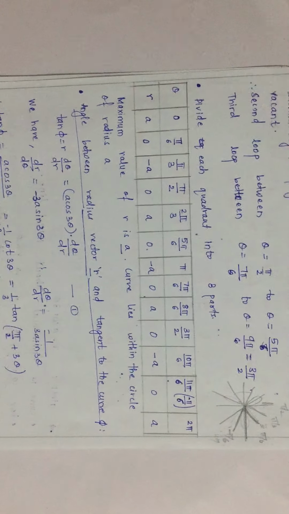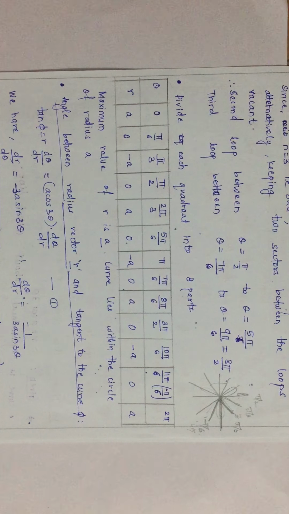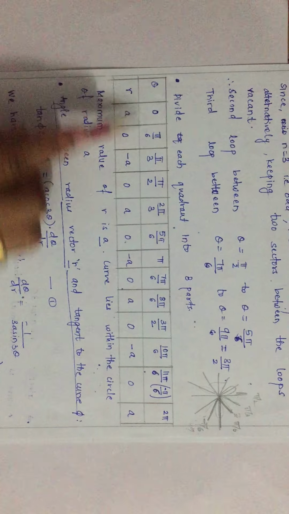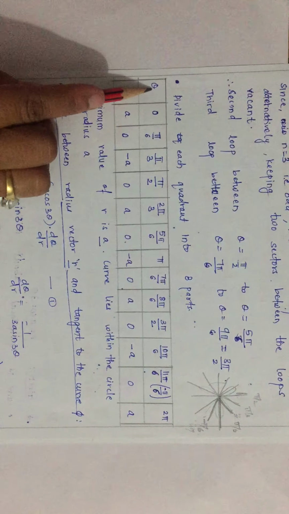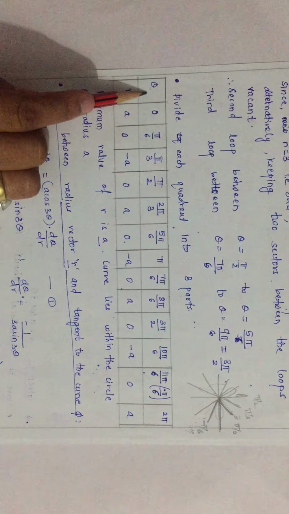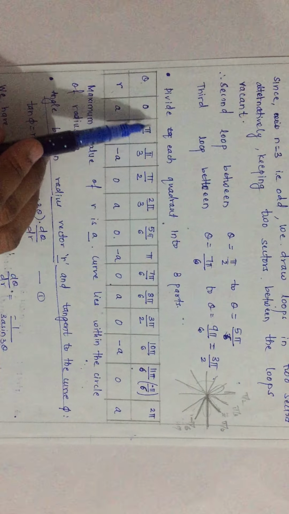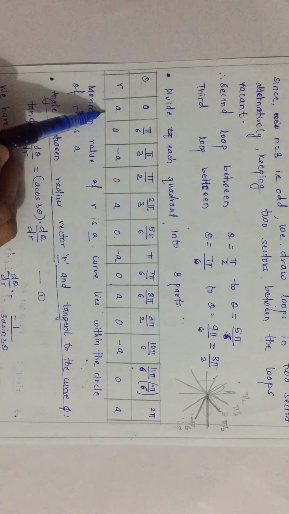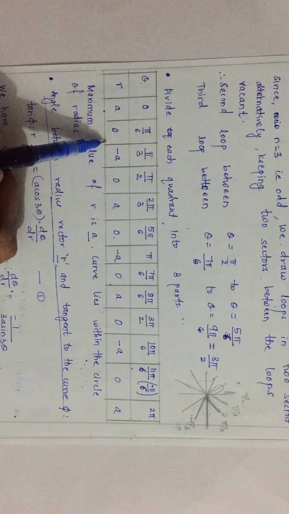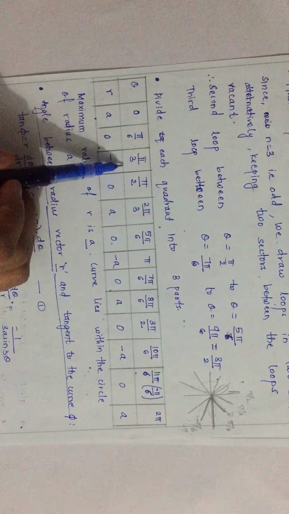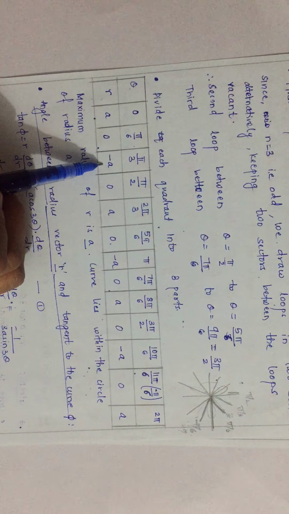For that, to know more particularly how r varies, we draw a tabular form and check how r varies according to theta. If theta is equal to 0, we obtain r value as a. Theta equal to pi by 6, we obtain r value of 0. If theta is equal to pi by 3, we obtain r equal to minus a.